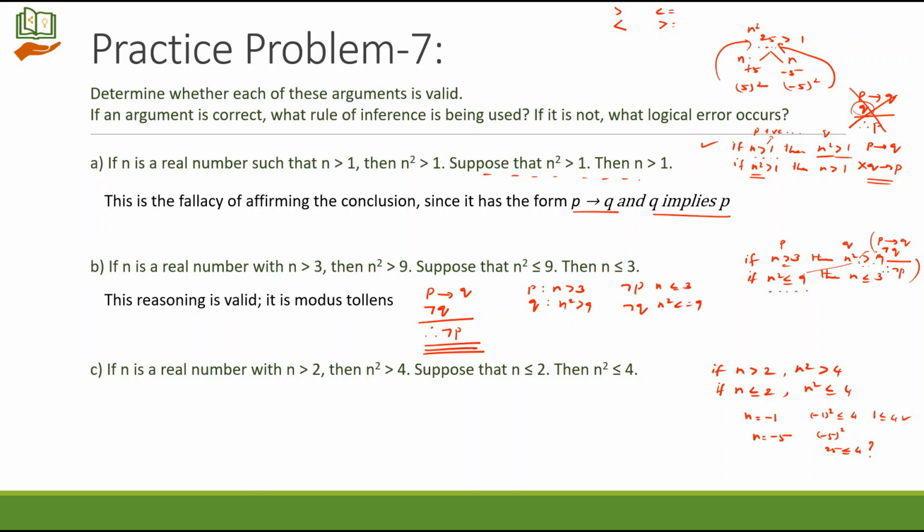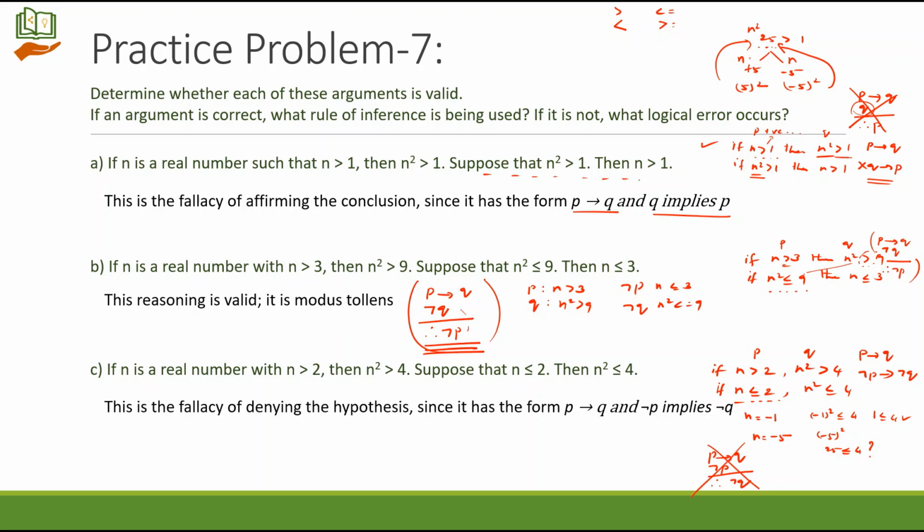No. So in this case, this can be taken as P and Q. So here this is P implies Q. Negation of P implies negation of Q. This is in the form of P implies Q. The next premise will be negation of P based on this suppose statement. From there we are concluding negation of Q. This is actually a fallacy.